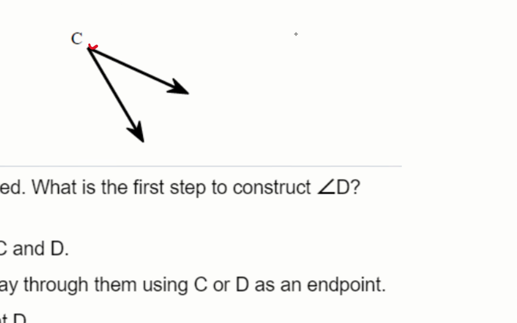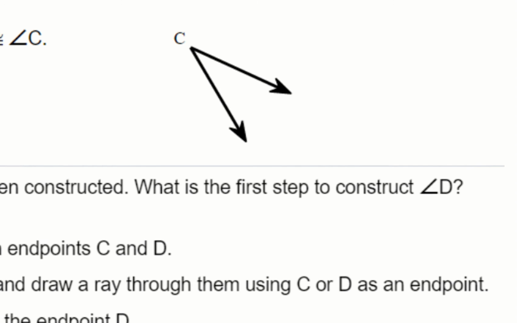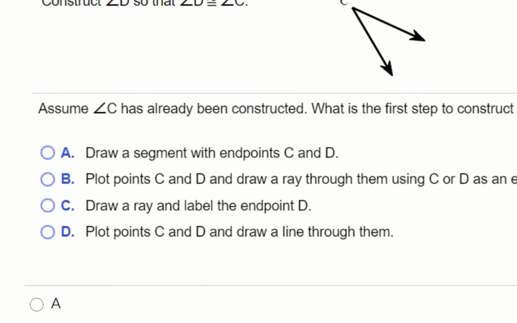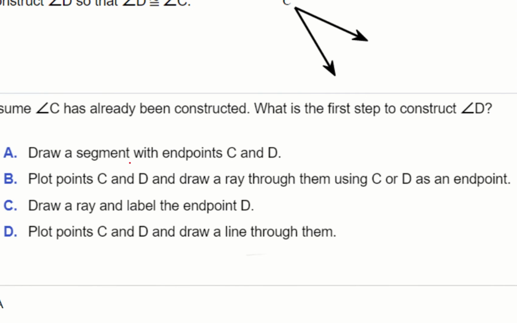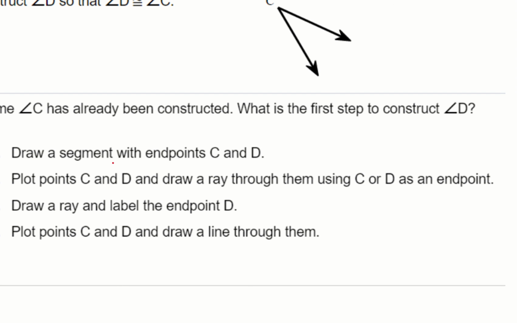So basically the first step is you have to draw one of the edges with a straight edge. So draw a line segment with endpoints C and D. Plot points C and D, and then draw a ray through them.